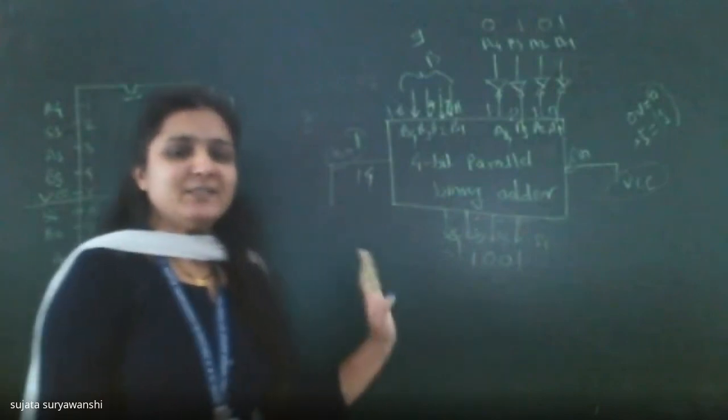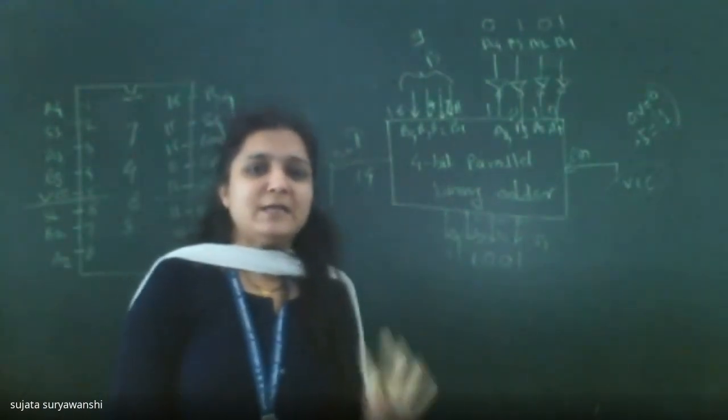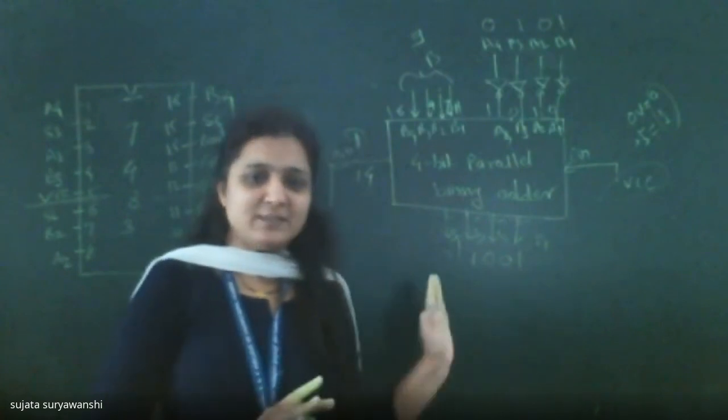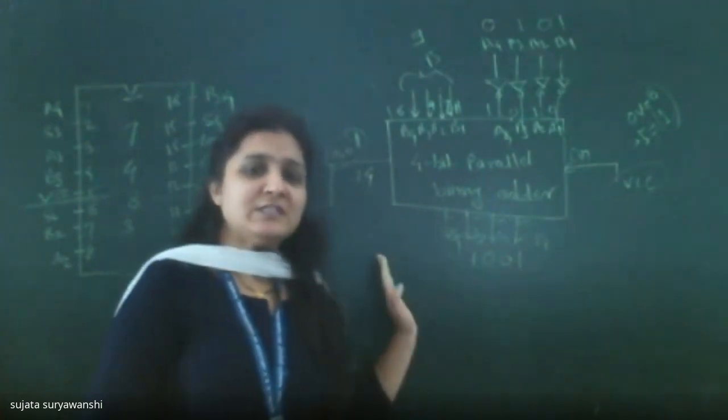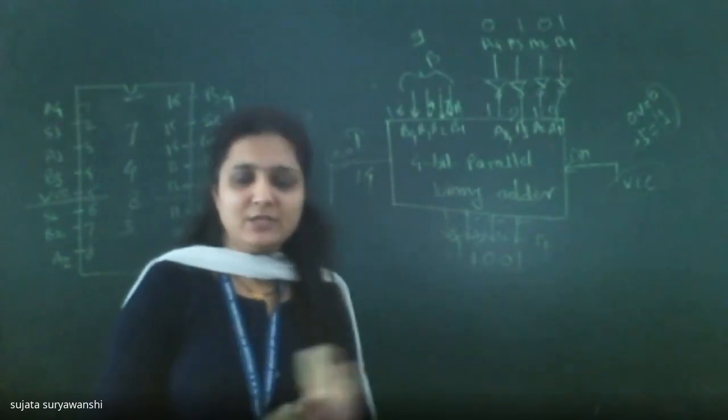One more question. Suppose this is your IC 7483. Use of that IC is 4-bit parallel binary adder. Addition साठी use होते IC. Okay. But now we see how to use the same IC for subtraction. ते कळलंय तुम्हाला?